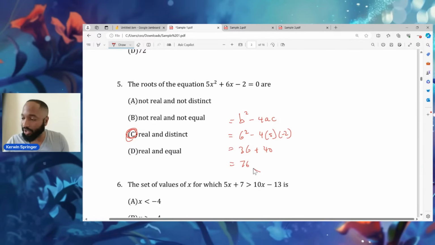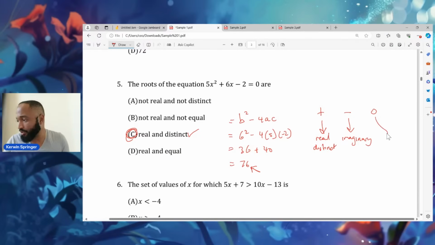You just care about whether the number is positive, negative, or 0. So if the number is positive, it's real and distinct. If the number is negative, it's not real. That's all. It's also distinct, but it's not real. So imaginary. And this is real and distinct.